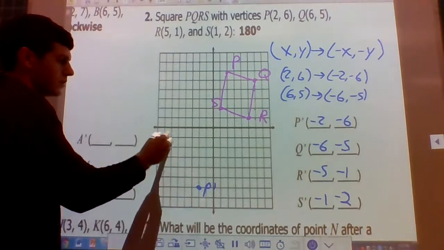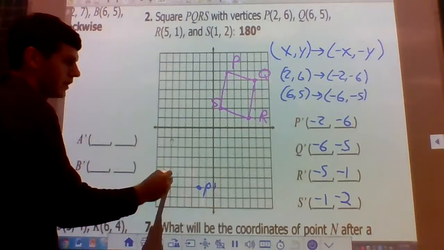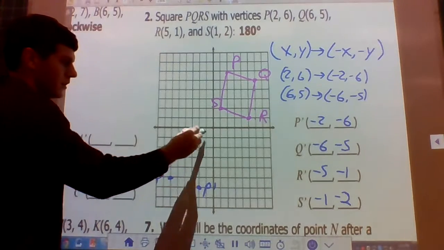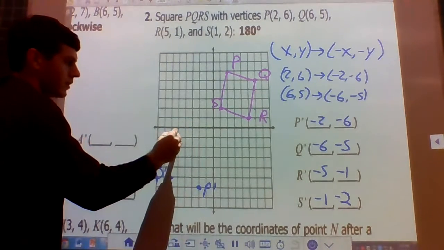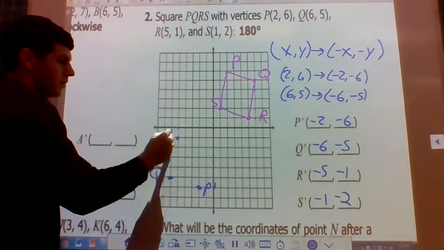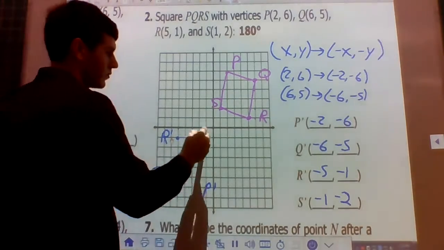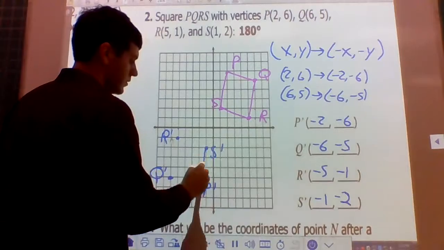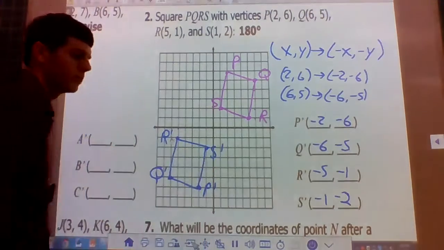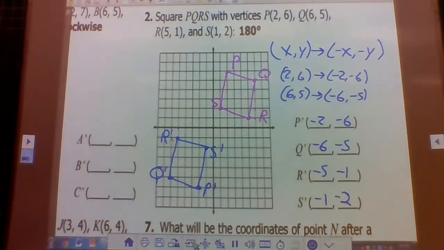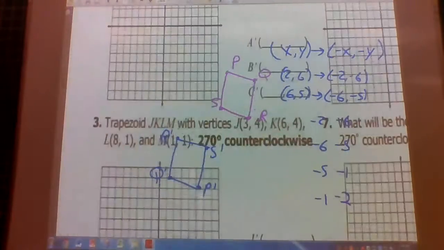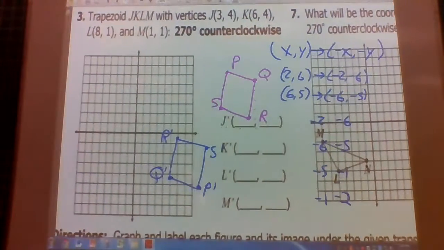Negative 6, negative 5 is Q prime. Negative 5, negative 1 is R prime. And then S prime is negative 1, negative 2. So we still maintain the shape, still maintain the square, it's just on the other side, 180 degrees around.